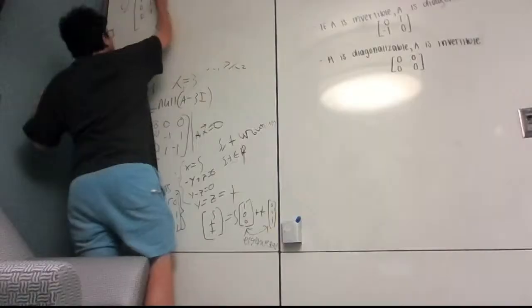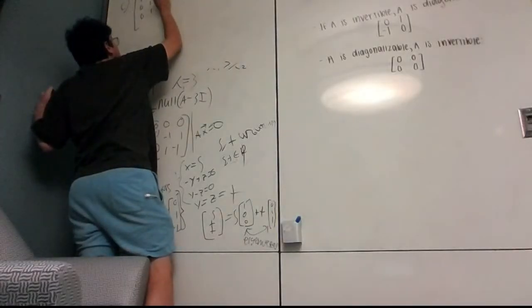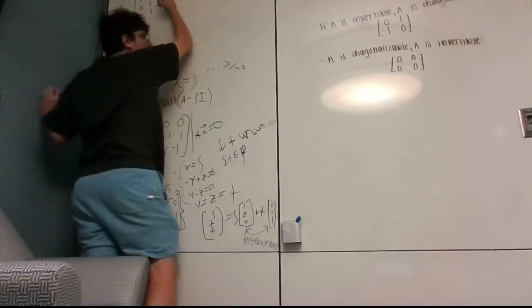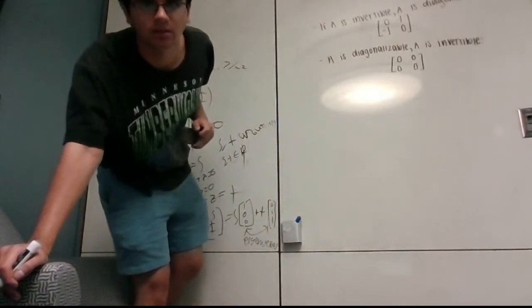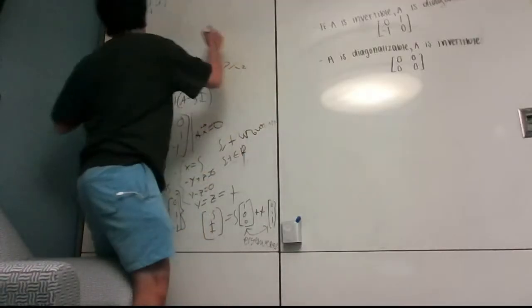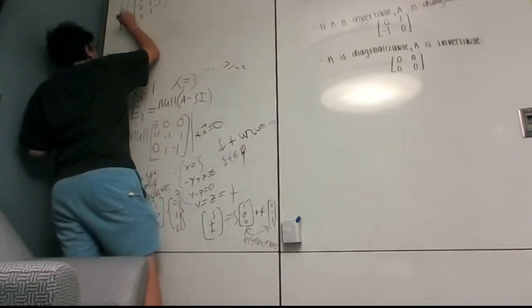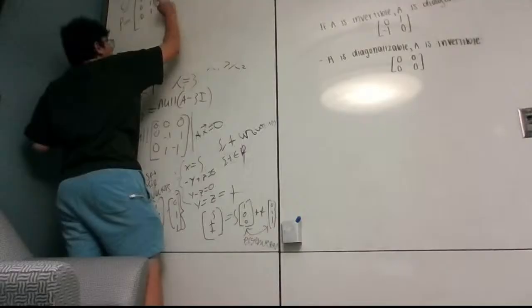Yes. So that's 0, 1, minus 1. And that's our matrix. What does it want us to call our matrix? Oh yeah, this is our P matrix.